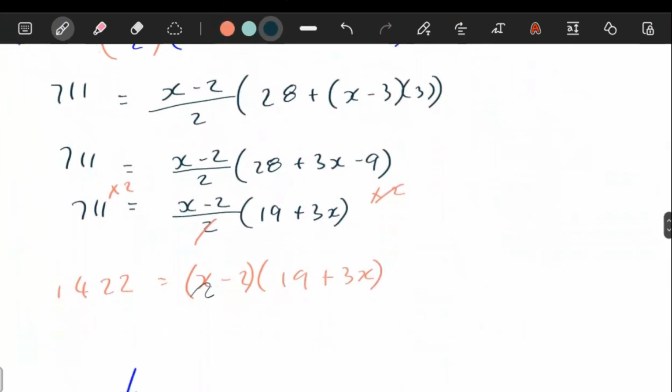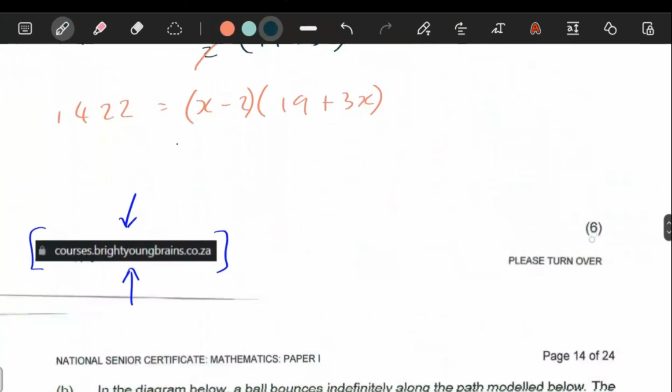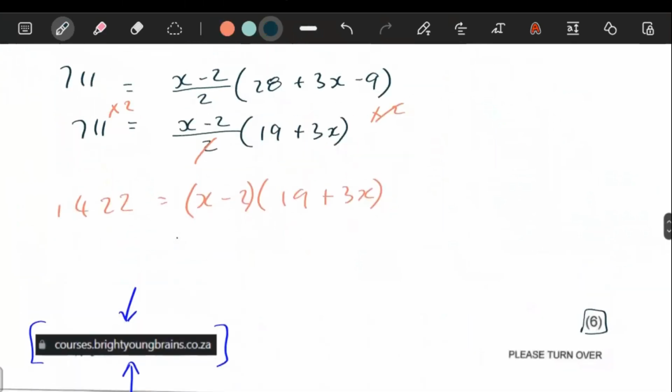So here, we have to obviously multiply this out. What's the mark allocation? It's a 6-mark question, so it's okay. So x times 19 is 19x, x times 3x is 3x squared, and then negative 2 times 19 is negative 38, and negative 2 times 3x is negative 6x.